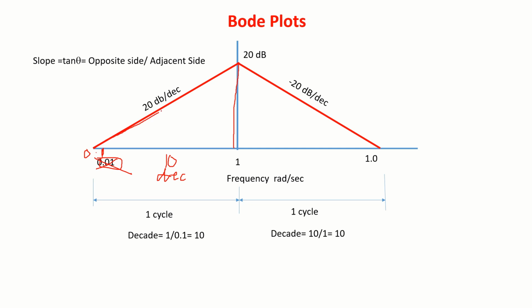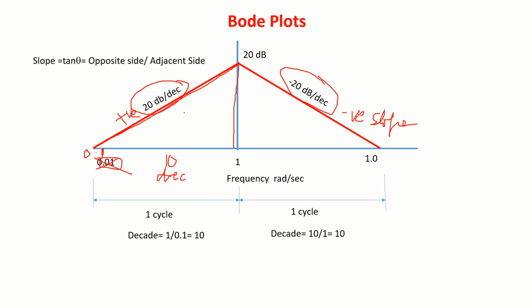If I join these 2 points and draw a line, that line will have a slope of 20 dB per decade, and it is positive. Suppose we take 20 dB on the opposite side, 1 decade on the adjacent side, and join this, going downwards it is minus 20 dB per decade. It is a negative slope. Right? So know that.